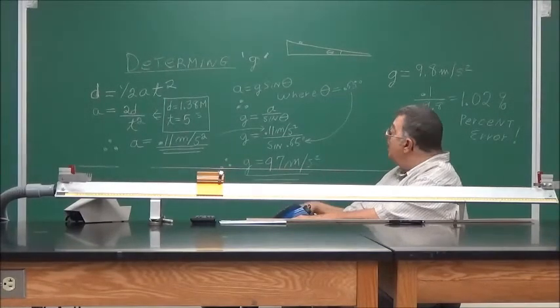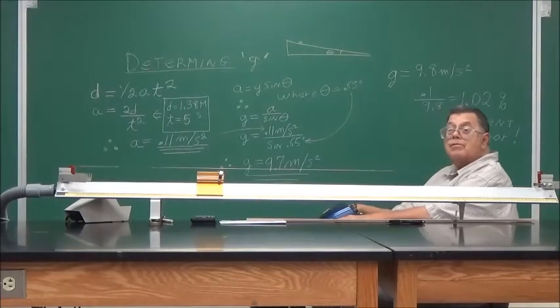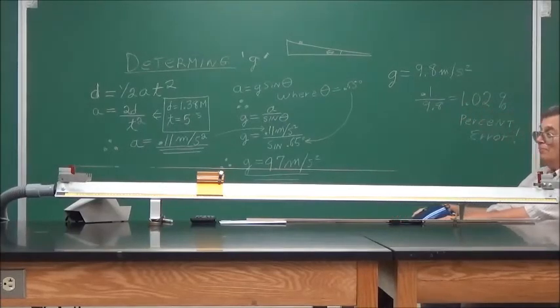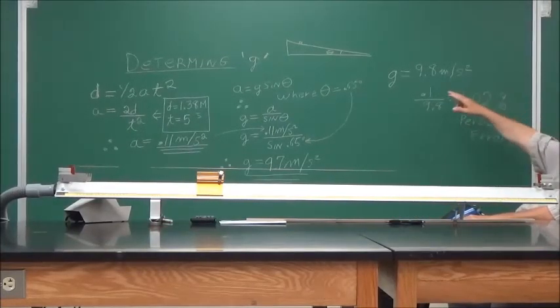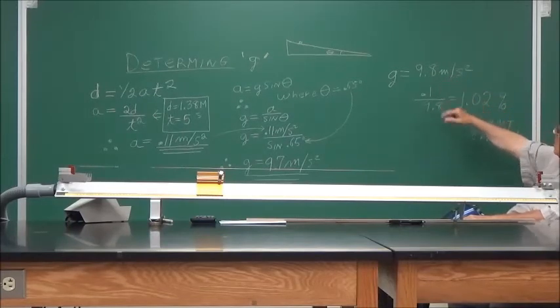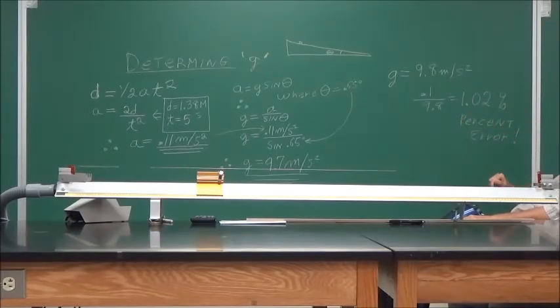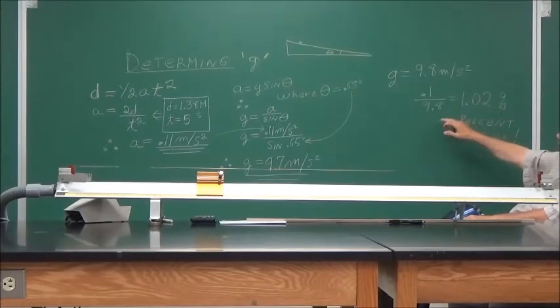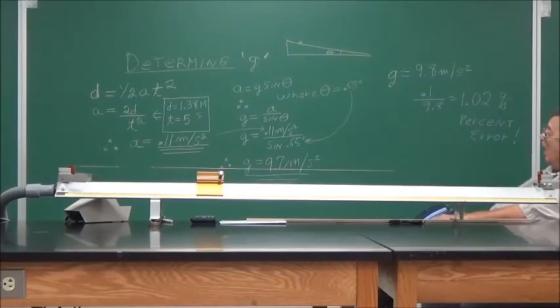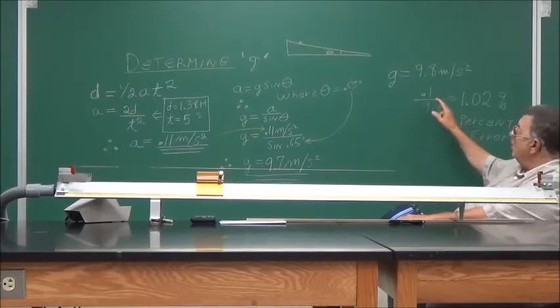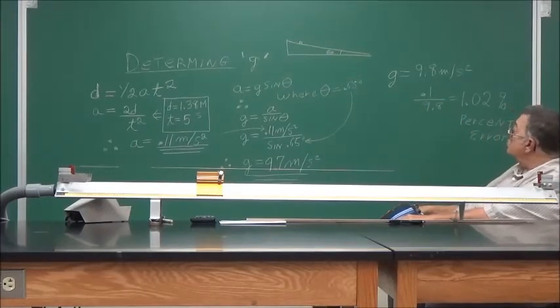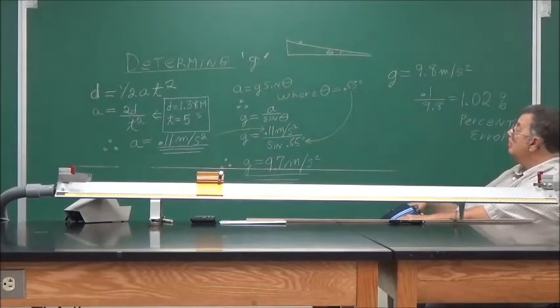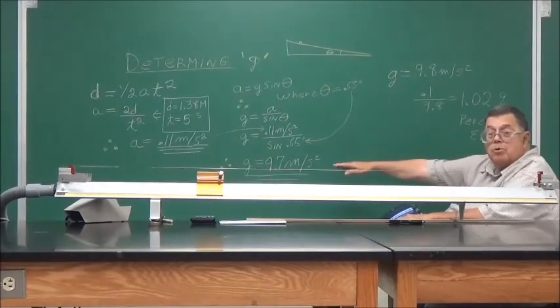That's what we get. Little g is 9.8 meters per second squared. We know that. And if we divide the difference by the accepted value, we were actually 0.1 meters per second squared off from the 9.8, because we got 9.7.